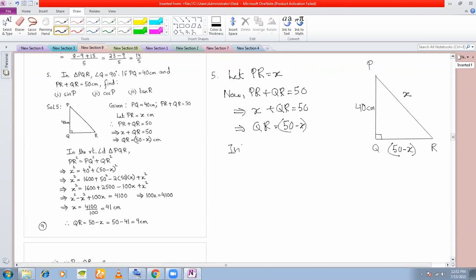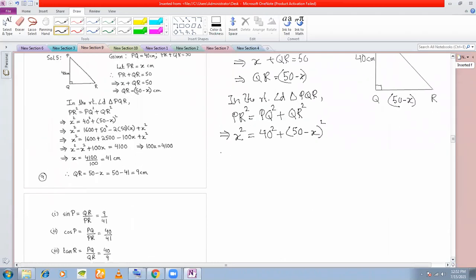So in the right angle triangle PQR, hypotenuse square PR square is equal to PQ square plus QR square. Put the values. PR is x, PQ is 40, QR is 50 minus x. Okay, now we simplify this.